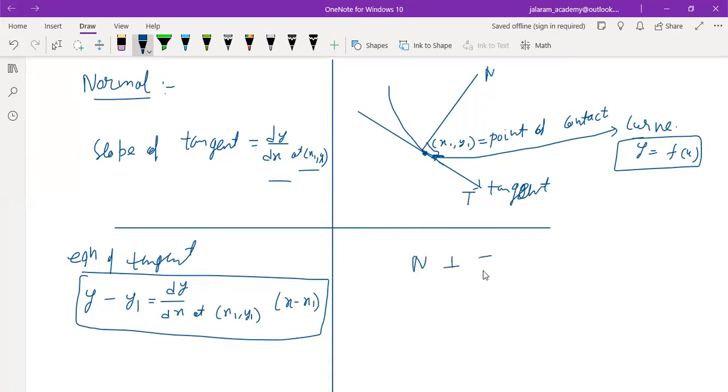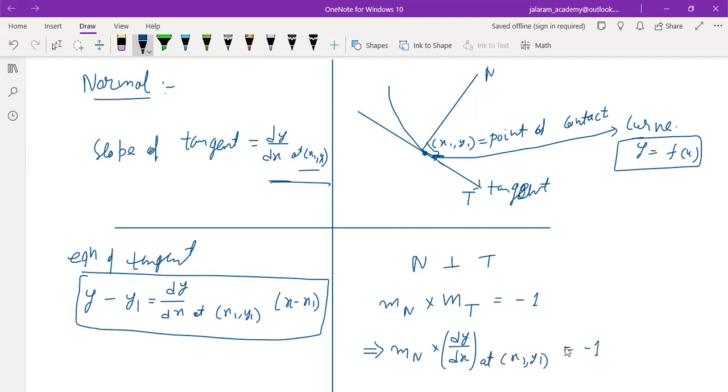As normal is perpendicular to tangent, what does it mean? Slope of normal into slope of tangent. We know that whenever two lines are perpendicular to each other, the product of their slopes is -1. That is, slope of normal, which is unknown, into slope of tangent, which we have already calculated as dy by dx at x1 comma y1, the point of contact of the tangent, equals -1.